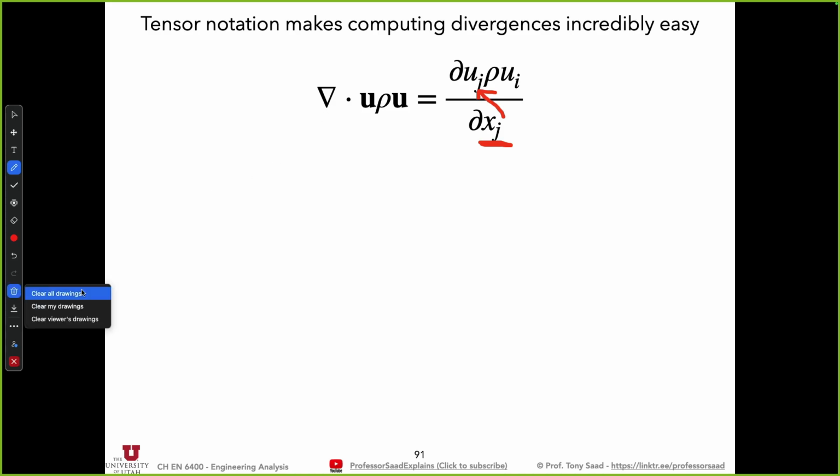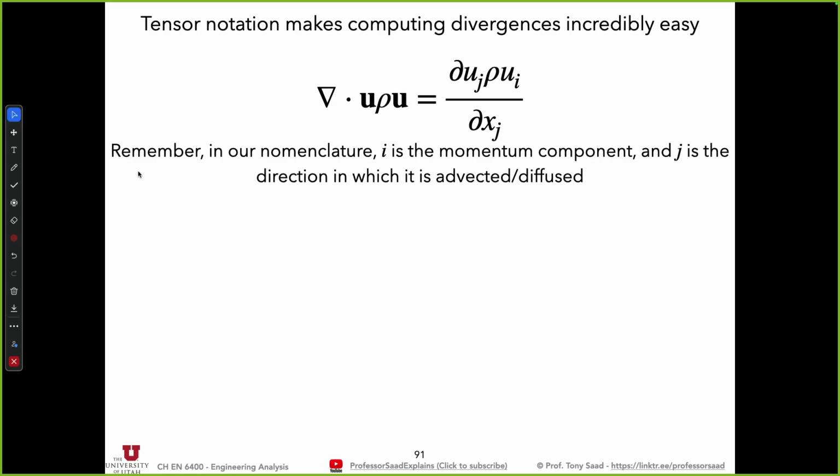Now, how on earth would this reproduce my 3 contributions, which each contain 3 terms summed together? So we need to build on this a little bit. A repeated index in tensor notation, when you see an index repeated, this immediately implies summation.